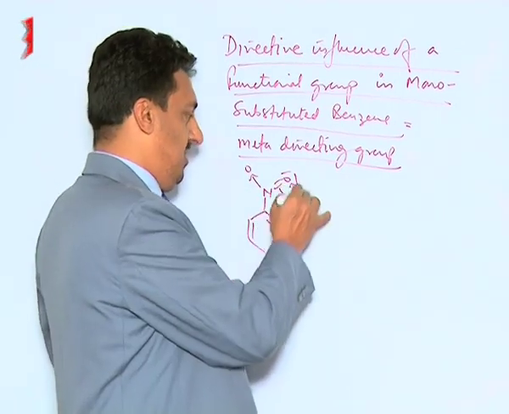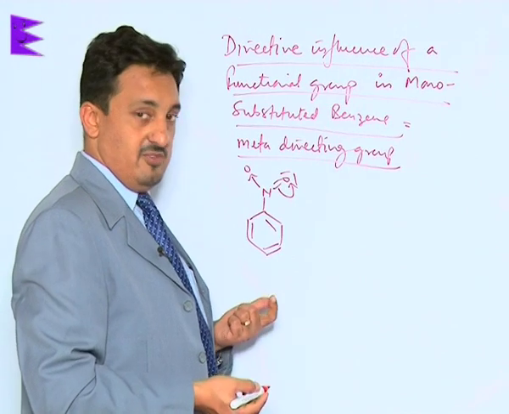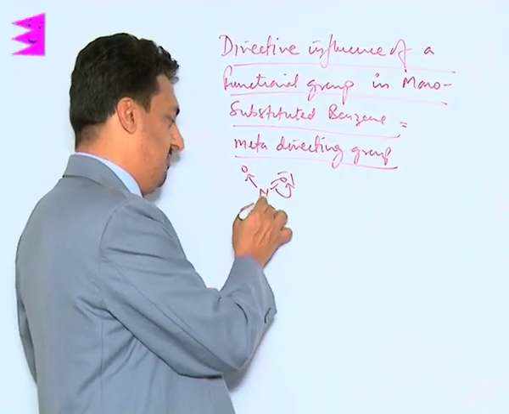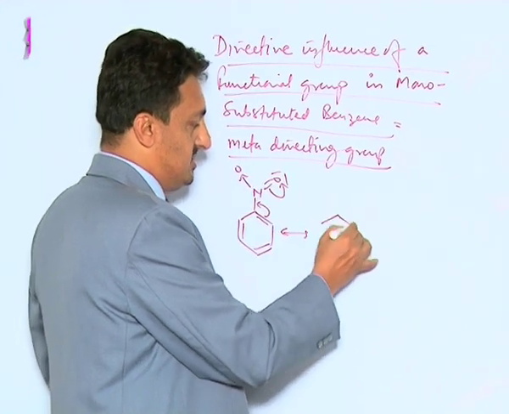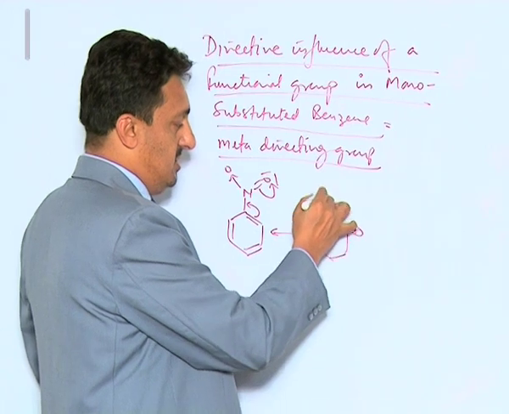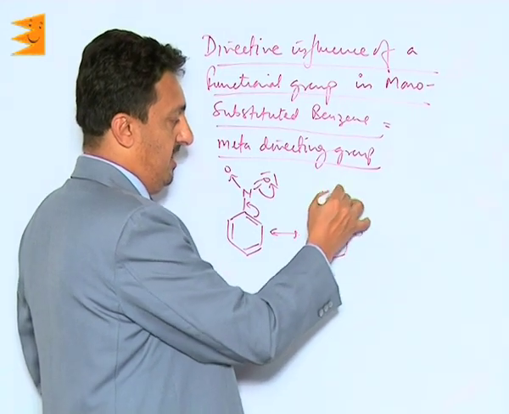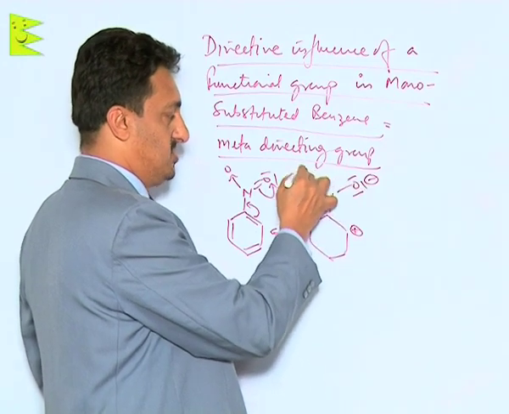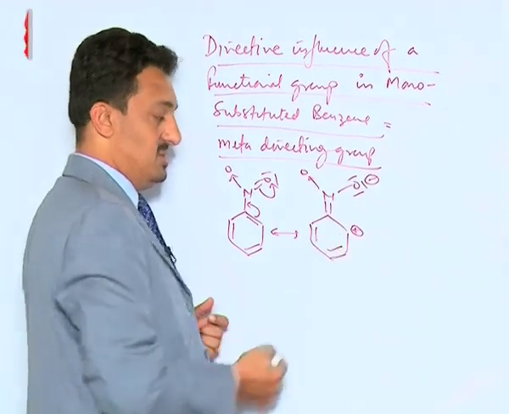So oxygen will withdraw electrons towards itself because it's more electronegative. So in that case, nitrogen will try to take out electrons from benzene. So in this case, ortho position acquires a positive charge, because a double bond is formed between carbon number 1 and nitrogen. Oxygen acquires one extra pair, so it acquires a negative charge. Other things are very similar.